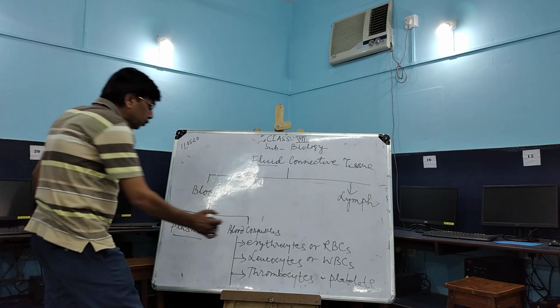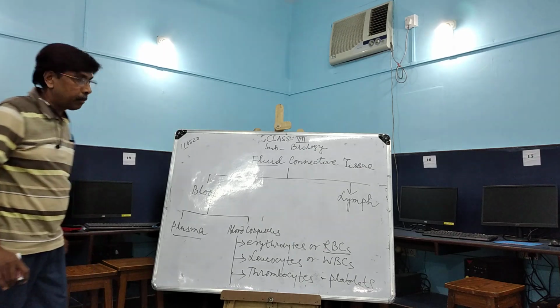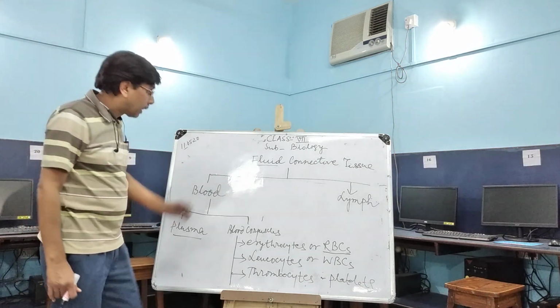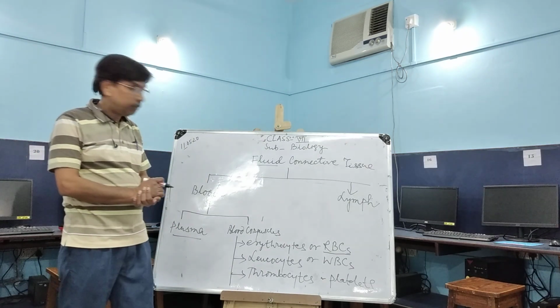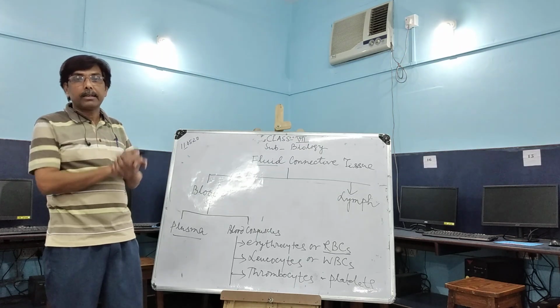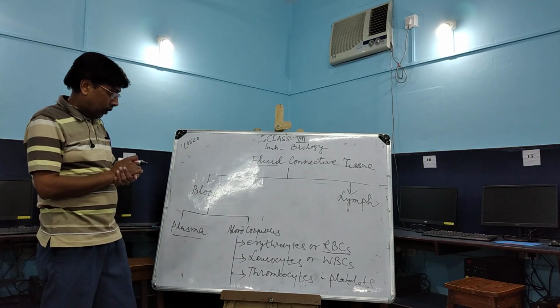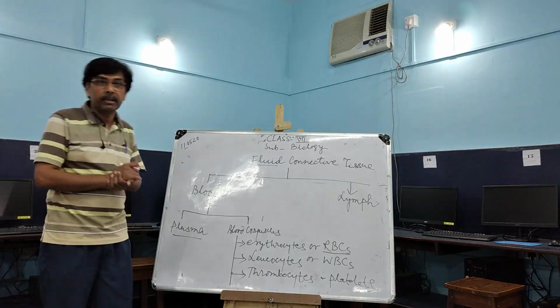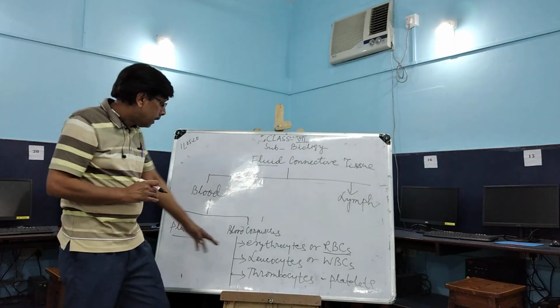Erythrocytes, why do you call them red blood cells? Because of the presence of hemoglobin. The color is red, that's why they are called red blood cells. Erythrocytes or RBCs help in the transportation of O2 and CO2, that is CO2 from the cells and O2 from the lungs to the different parts of the body.